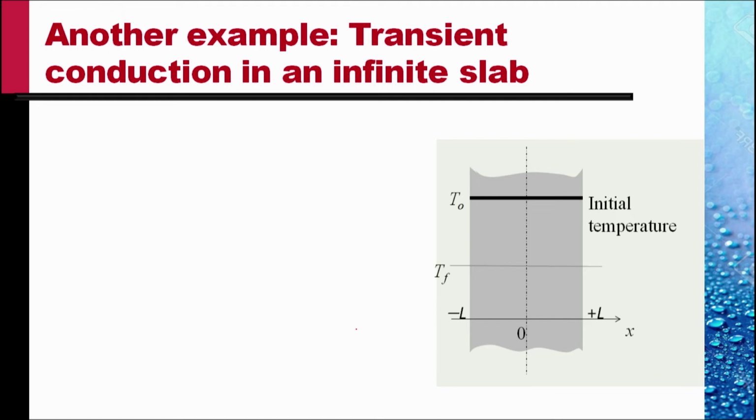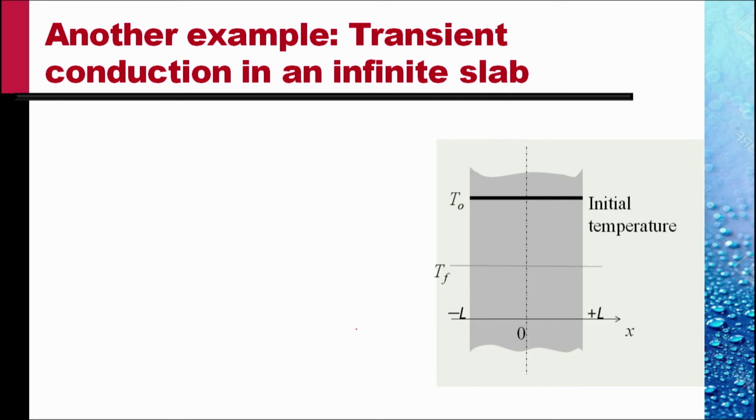There is a heat transfer coefficient h for the convection at the two faces of the slab. There is conductivity k of the slab material, the density rho, and the specific heat Cp of the slab material.